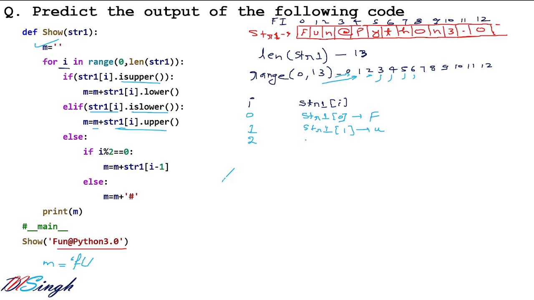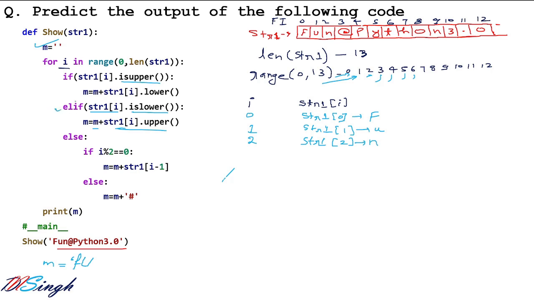The second index, or i value, will be 2 for the next iteration, and here we are traversing through the indexes, not through the elements, because we can use a for loop to traverse the sequence in two ways. One way is through the elements, another way is through the indexes. str1 of 2. So what will be the value of str1 of 2? Small n.